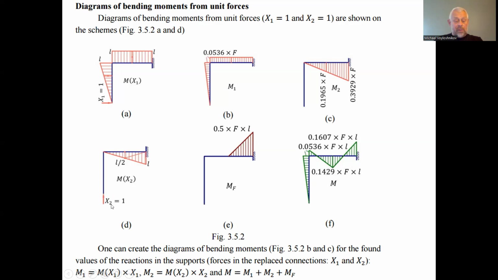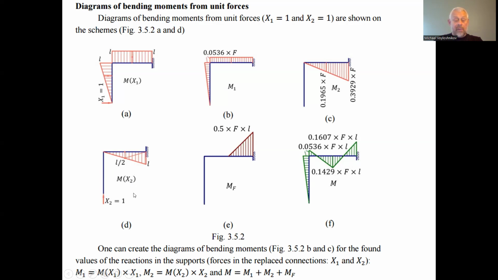X2, by which we substitute the cut-off second supporting link in the point B of the assigned mechanical system when making the main mechanical system statically determinate.